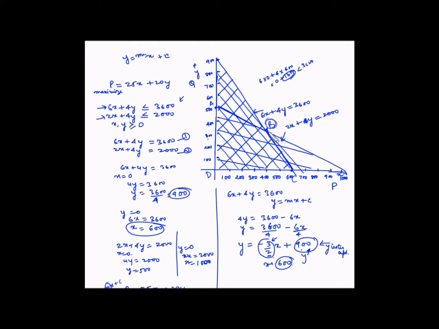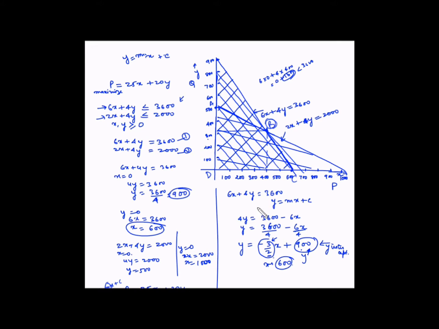If you plot the line, that is, you find the y-axis and you find the x-axis, then you can find the coordinates of point B. Second is that point B is an intersection of the line 6x plus 4y equal to 3600 and 2x plus 4y equal to 2000. So if you solve these two equations for x and y, the value is the coordinate of the point B.